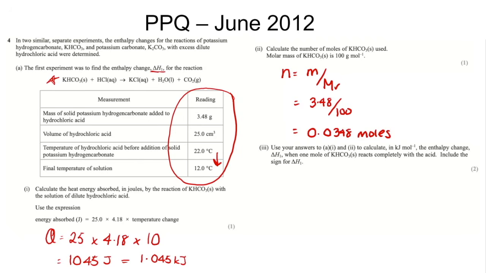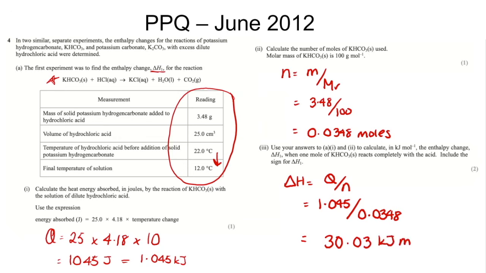Part 3 then asks us to calculate the enthalpy change for this particular reaction. So ΔH is equal to Q over n, which is 1.045 divided by 0.0348, which gives us an answer of 30.03 kilojoules per mole.